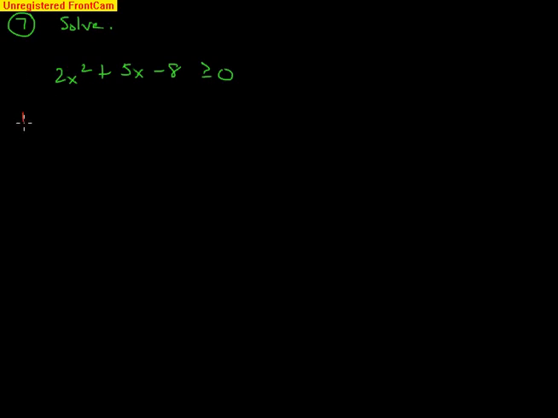But we want to find the solutions. So what I'll do is I'll first find the discriminant. So we have b squared minus 4 times a times c. So this is going to come out to be 89. And I say to myself, oh shucks, this is not factorable because 89 is not a perfect square.